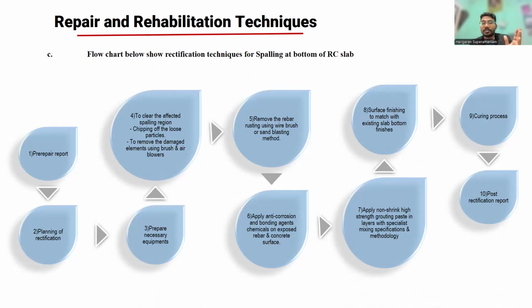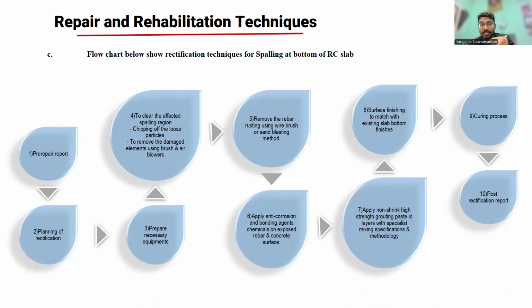So in this case, we first have to study and investigate.